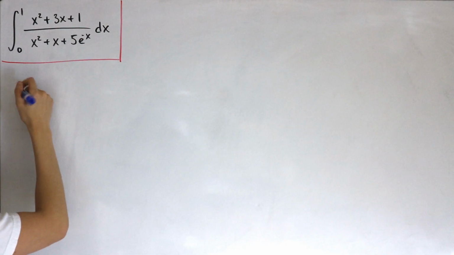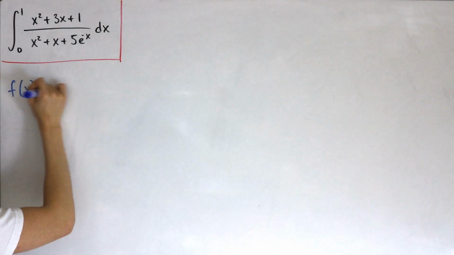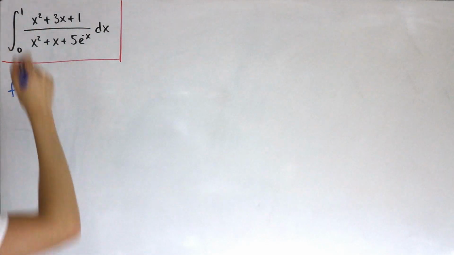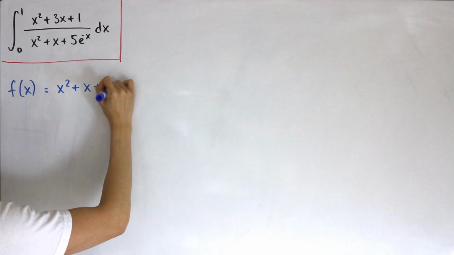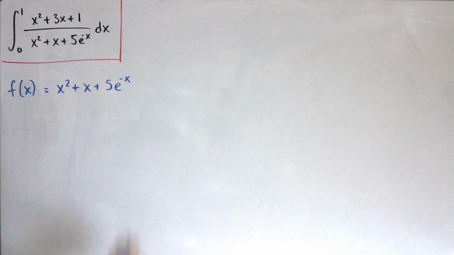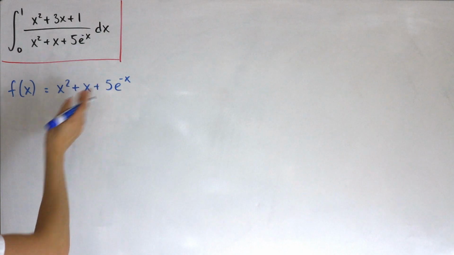So let's say I call f of x, and we let that be the denominator of our integrand: x squared plus x plus 5 times e to the negative x. Why don't we try taking the derivative of our function?